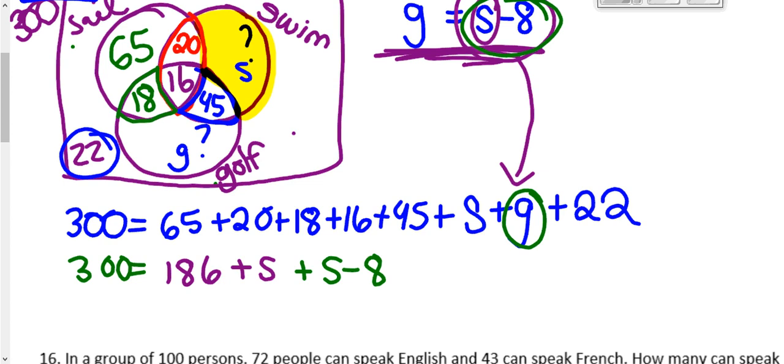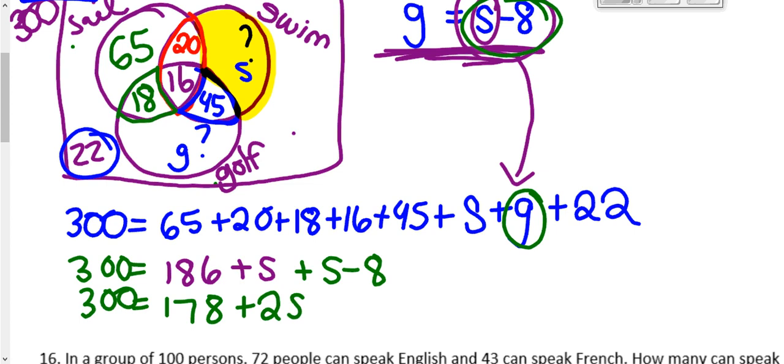So then from there we can do 186 minus 8 is 178. And then we have 300 over here, and we have 2S. S plus S is 2S.